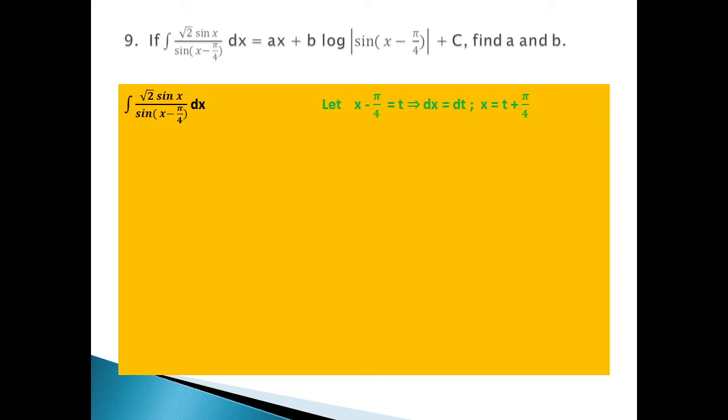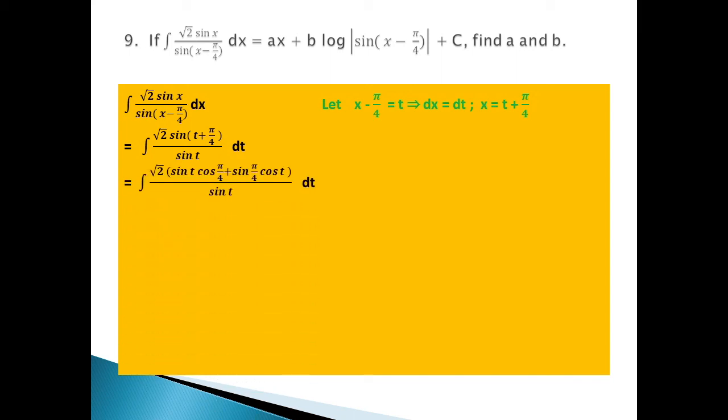That is why I have assumed x minus pi by 4 as t, which gives me dx equals dt. And I can make x the subject, which will give me t plus pi by 4. When I do the substitution, my function now changes to root 2 sine of t plus pi by 4, and the denominator simply becomes sine t.